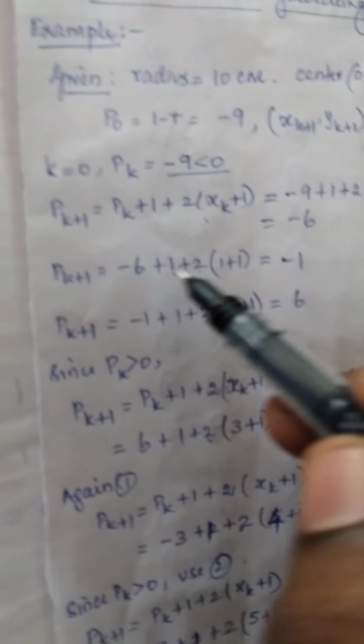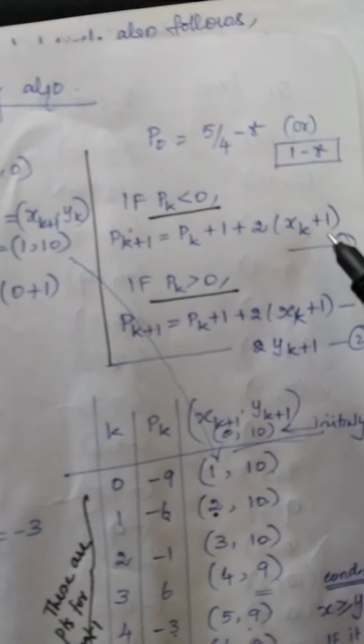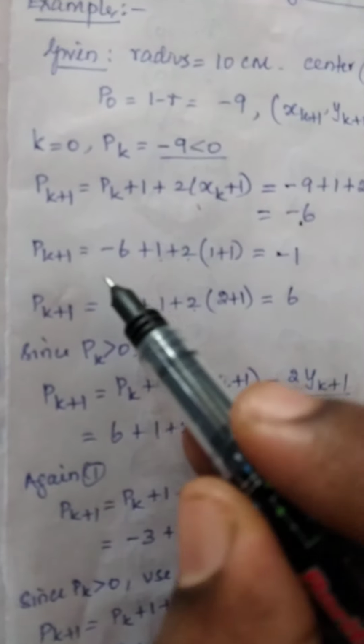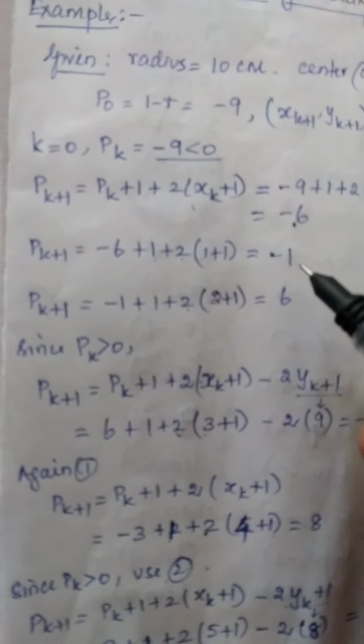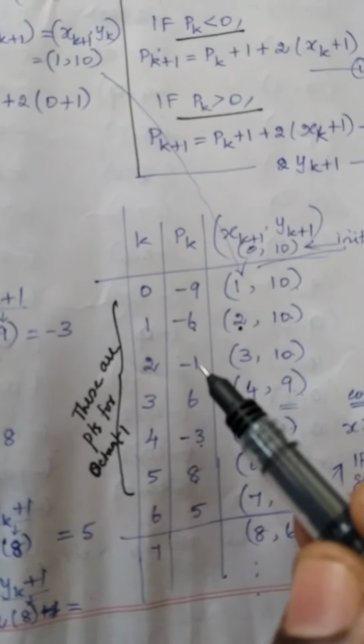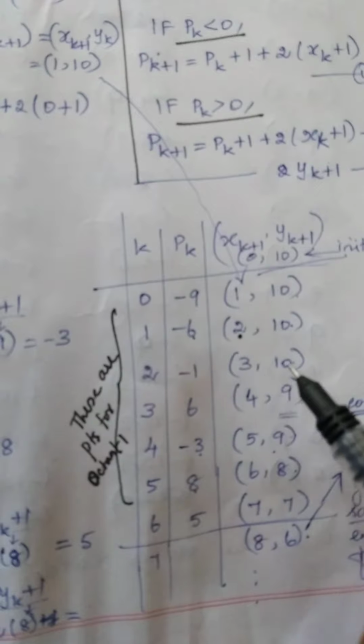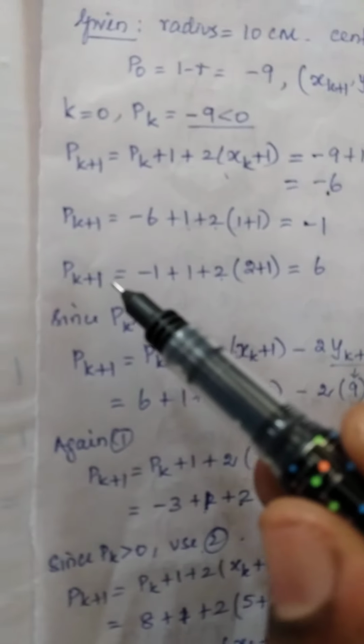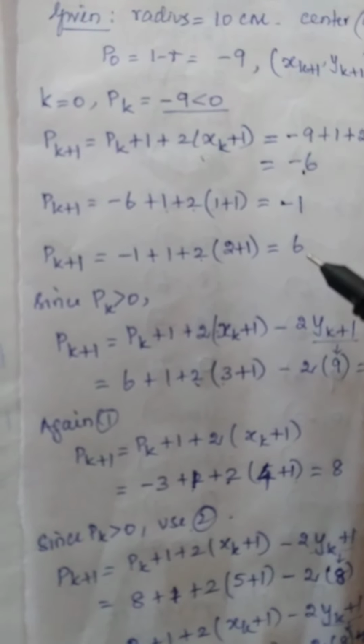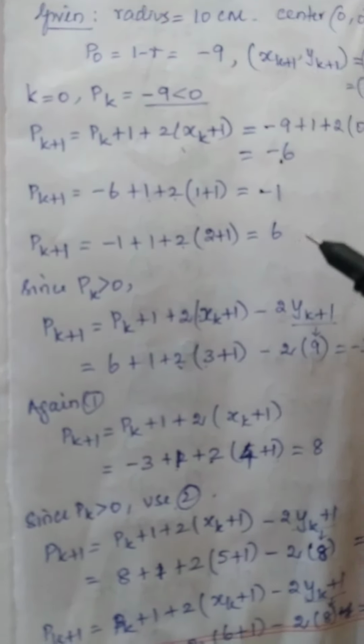Since it is minus 6, again we need to use this first formula. So again minus 1 is coming. In this table we are putting minus 1, x is incrementing, y remains the same. Again we are using the same formula, and now 6 is coming, a positive value.